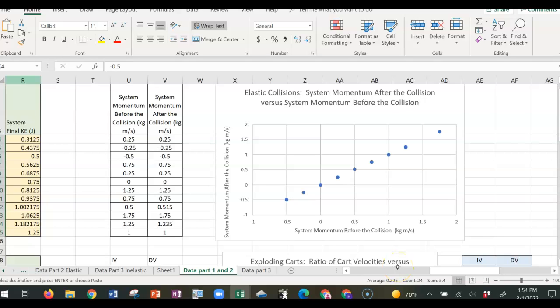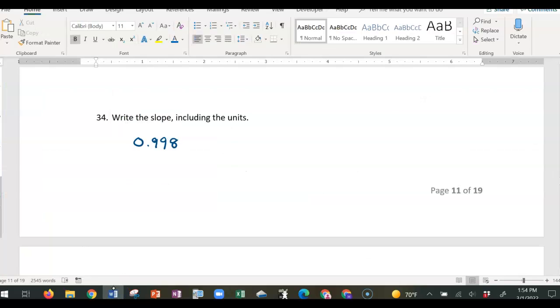So both axes had the same units. And so when I found the slope, which is the change in y over the change in x, I have kilogram meter per second over kilogram meter per second. So in this particular case, it is dimensionless. There are no units here. They canceled.